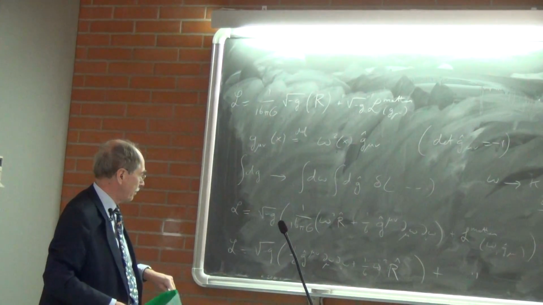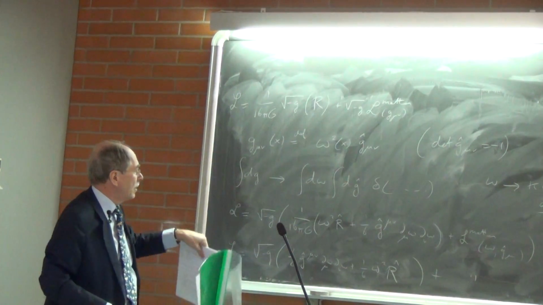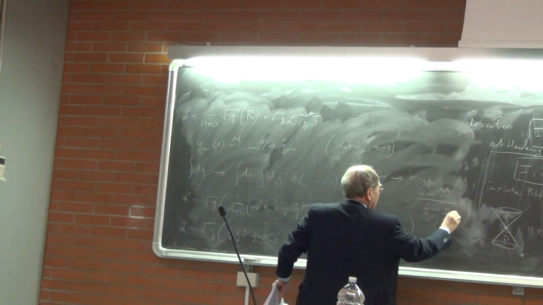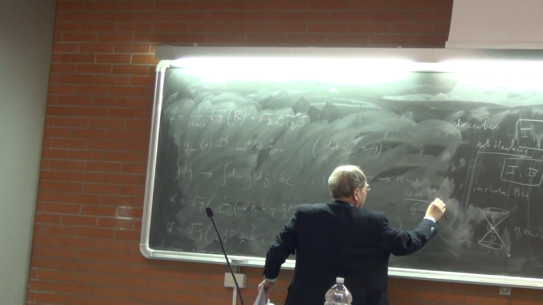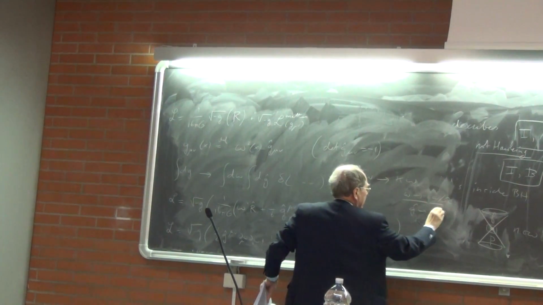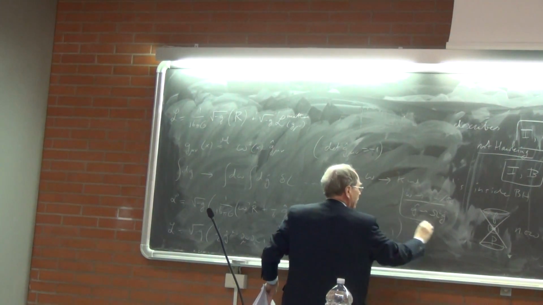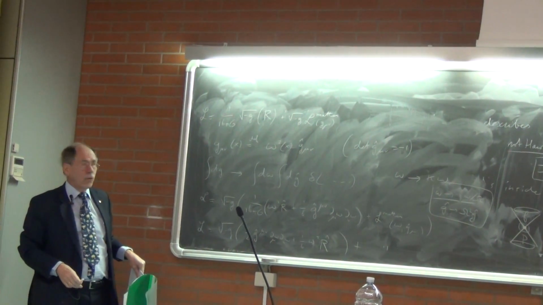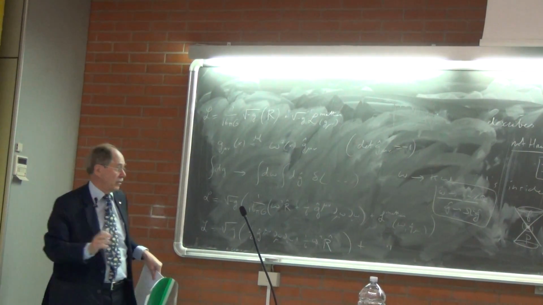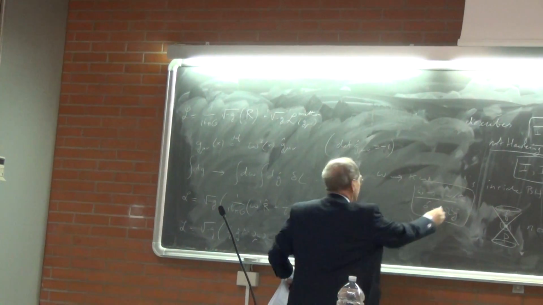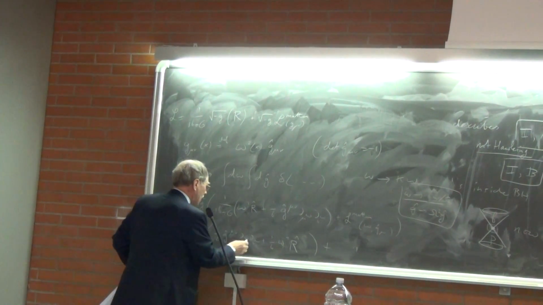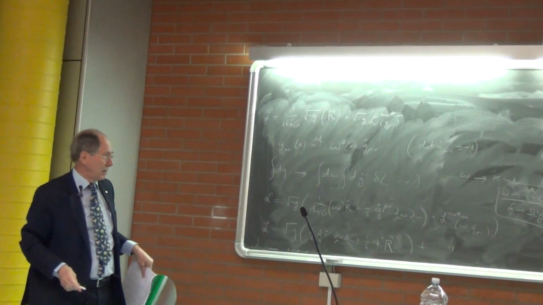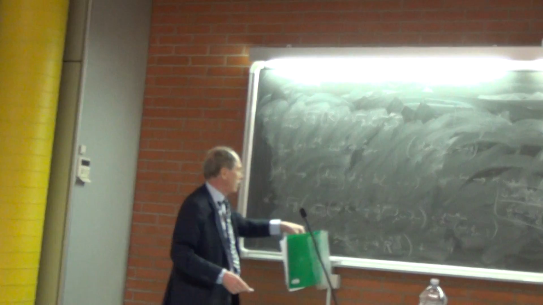So if I scale g hat by some factor omega squared times g hat, and omega by 1 divided by omega, if it makes such a transformation, this Lagrangian is invariant. And this I would call a conformal transformation, but a local conformal transformation. This omega may depend on space and time. So this makes this omega field just a scalar field, and that scalar field transforms in a non-trivial way under conformal transformations.